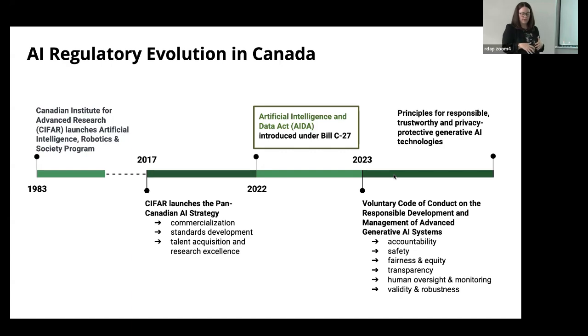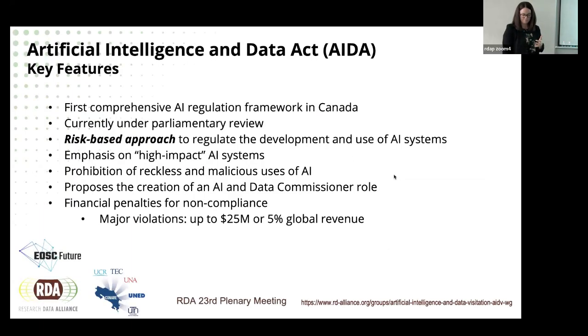For example, we have a voluntary code of conduct on the responsible development and management of advanced generative AI systems, and a document outlining principles for responsible, trustworthy, and privacy-protective generative AI technologies. So I'm going to focus for a few minutes on the real meaty piece of legislation, or to be meaty, I should say, still under development.